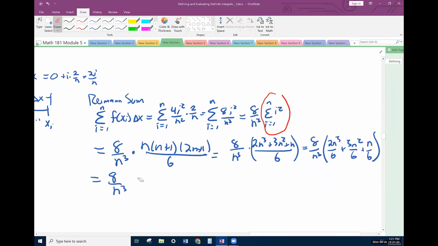So if I multiply the 8 over n cubed through to each term, I'm going to have what? 8 times 2 is 16.